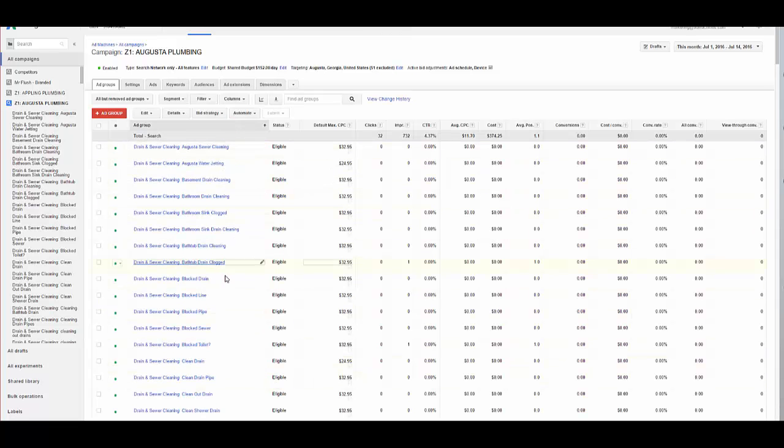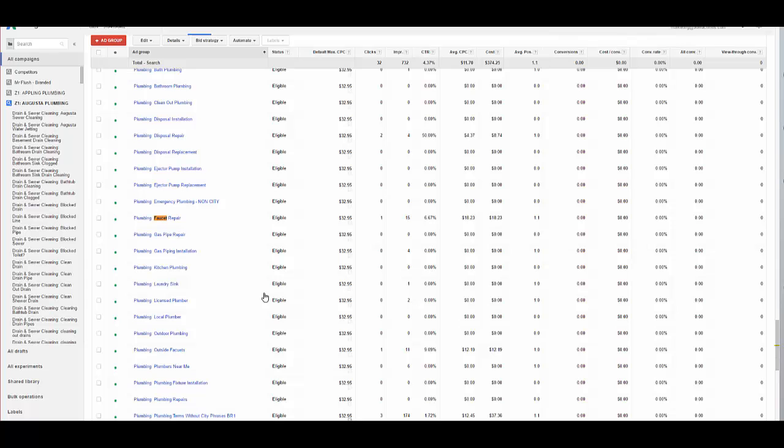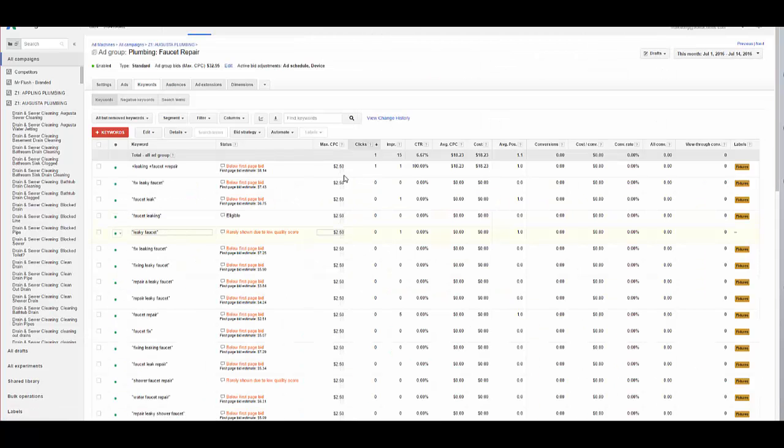And when you do this, I'll show you an example too. Now you can control costs. We'll take a look at faucet repair. You'll notice my bid rate is $2.50 for this term. So I'm not too concerned about getting a lot of faucet repair kind of calls for this client because they want to allocate their budget to higher ticket items.